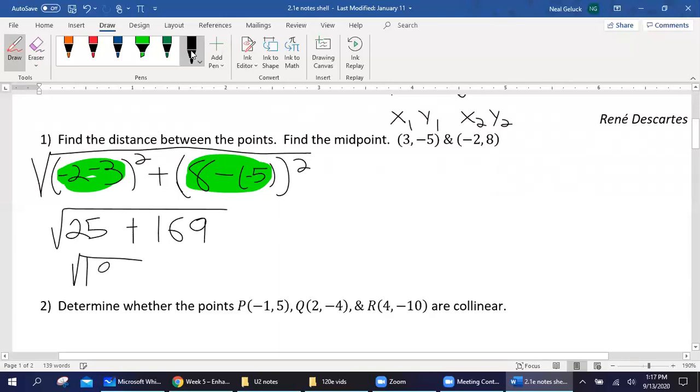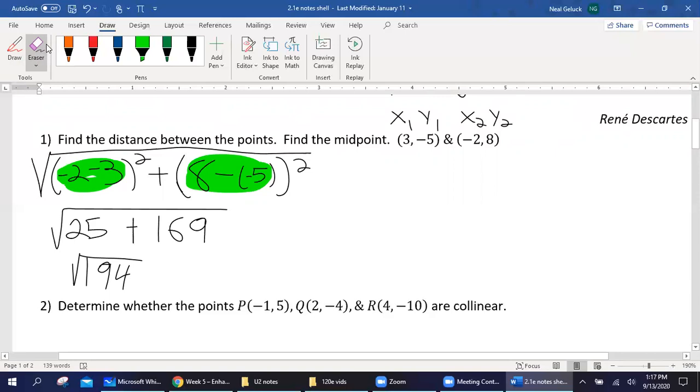If I add those together, I get 194. Now, if I could do a factor tree and break that down, I would, but it doesn't do anything. The factor tree doesn't produce any pairs, and so that's as far as we're going to go. So that is the distance between those 2 points.